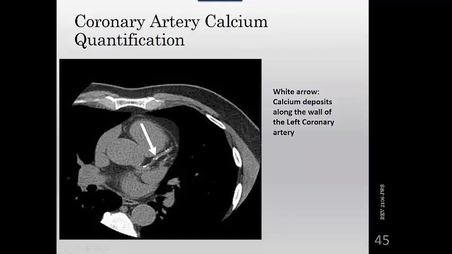So what you have to be careful with when you're scanning these, a lot of times what you'll find is the plaque that's hiding behind and attached to these calcified areas, and you can actually see it on the contrast portion of the scan. It's really neat to see.